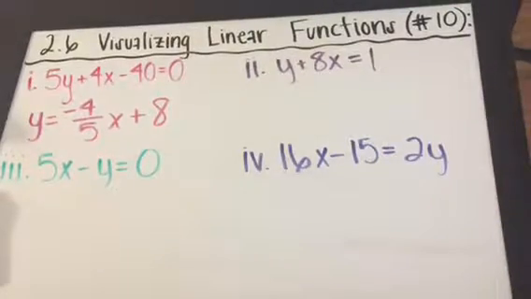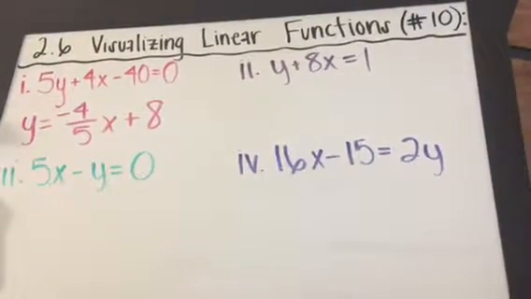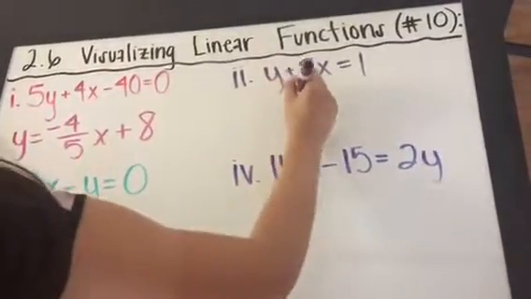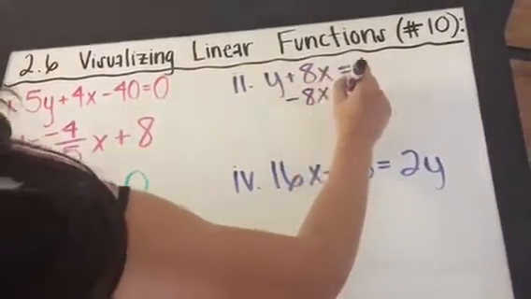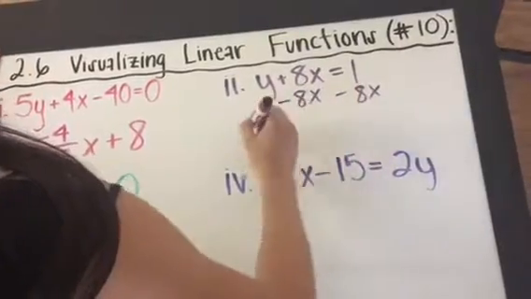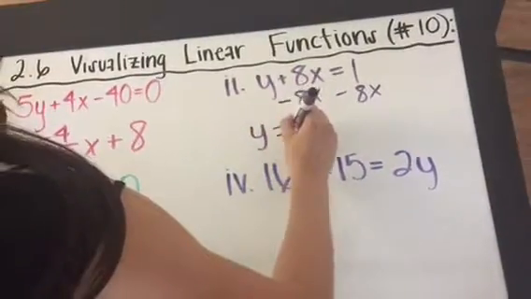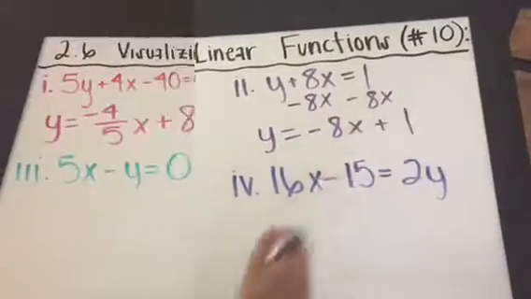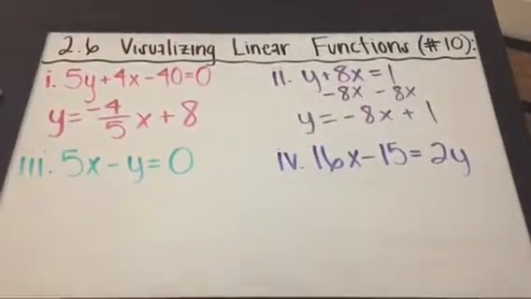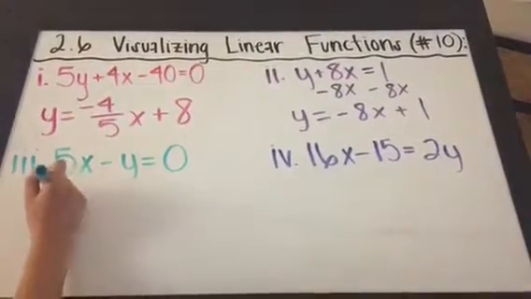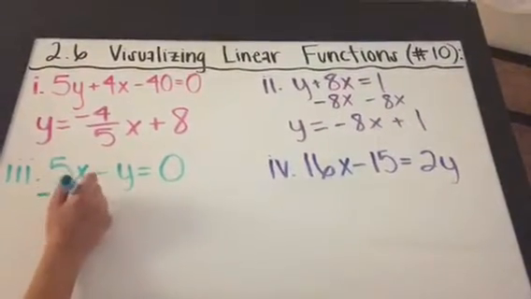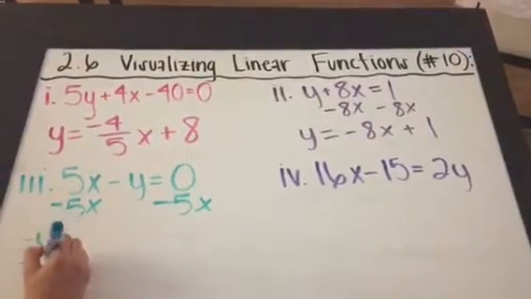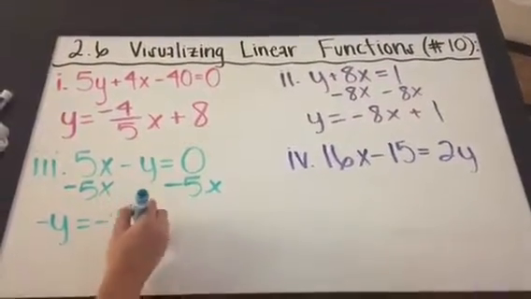Okay, for our second problem, it's y plus 8x equals 1. The first thing we're going to do is subtract 8x from both sides and end up with y equals negative 8x plus 1. For our third equation, 5x minus y equals 0, we're going to first subtract 5x from both sides and end up with negative y equals negative 5x.